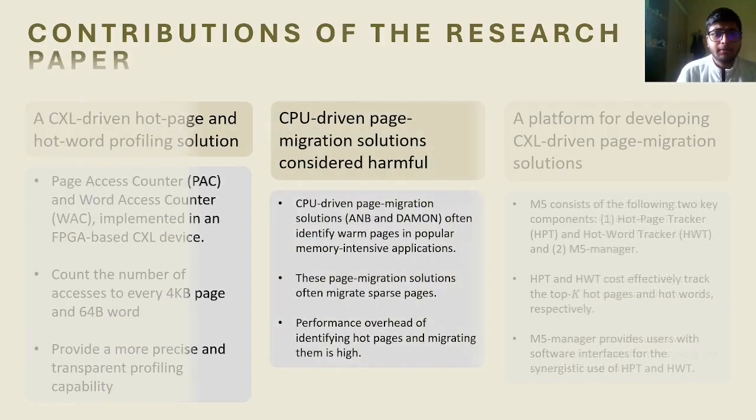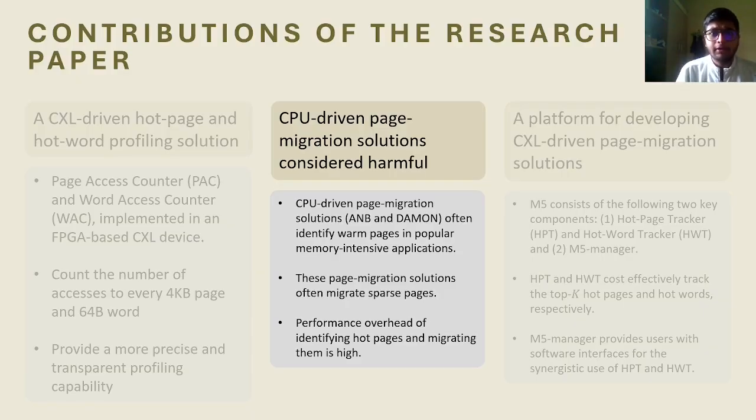Secondly, our research paper highlights that CPU driven page migration solutions are harmful. The two pre-existing CPU driven page migration solutions, ANB and Daemon, often identify warm pages, the pages which are moderately accessed, as compared to hot pages which are more frequently accessed in popular memory intensive applications, as hot pages, and tend to migrate them.